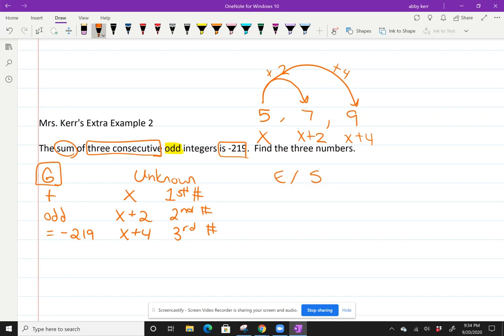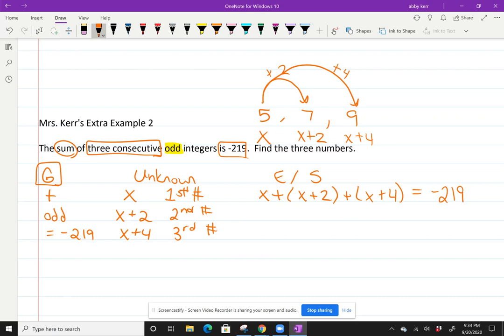Now for the equation and solve, we're just adding the first number plus the second number plus the third number. And we were told that it equals negative 219.